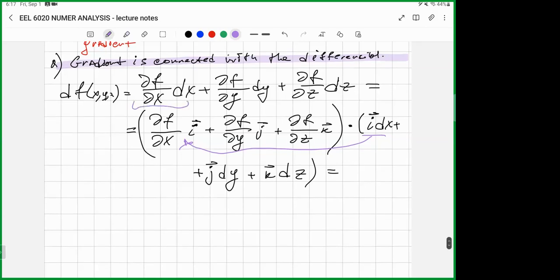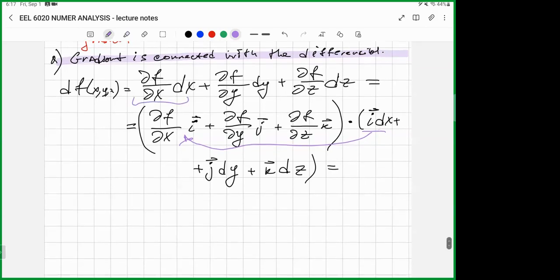So we get this term here. But when I take the product of i and j, the product is 0. So we can omit these terms, and you can see that we get the formula above for the differential.